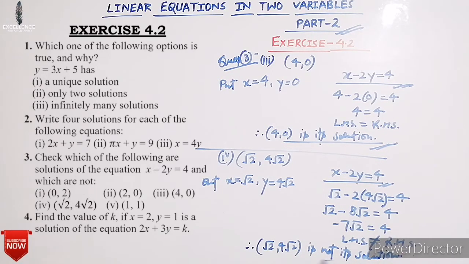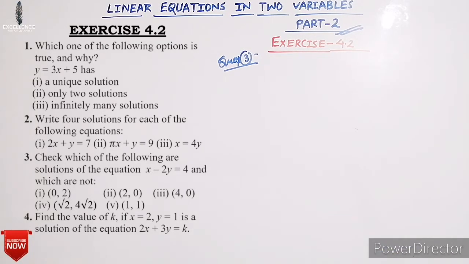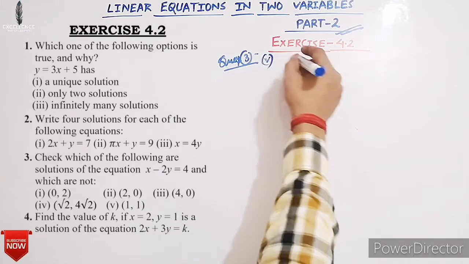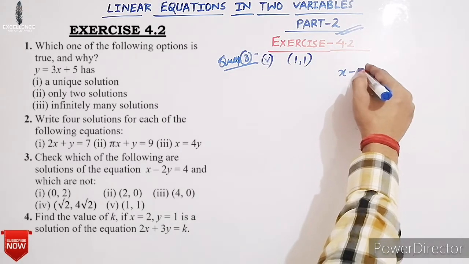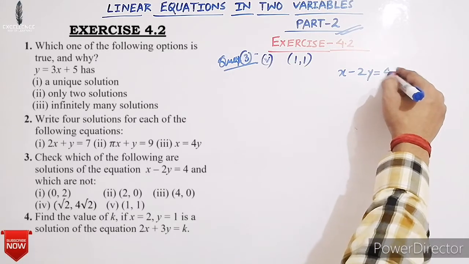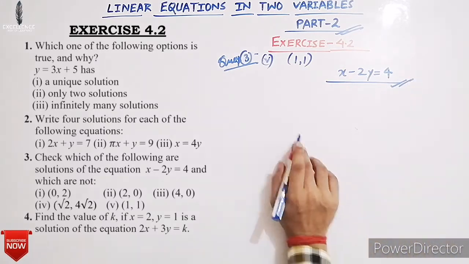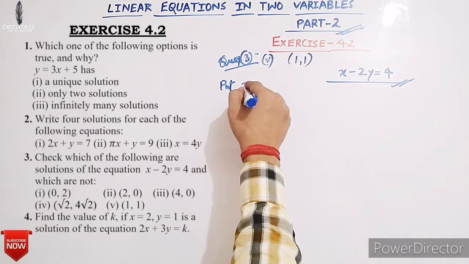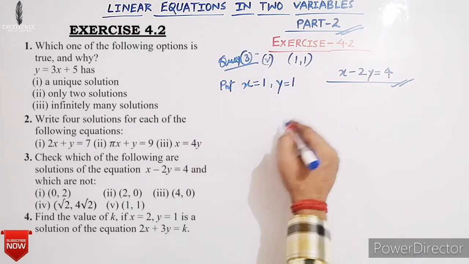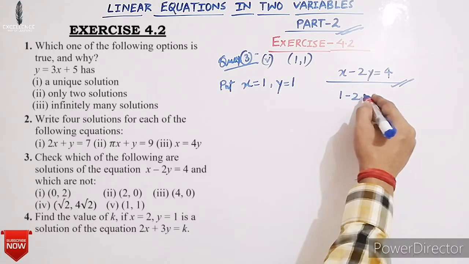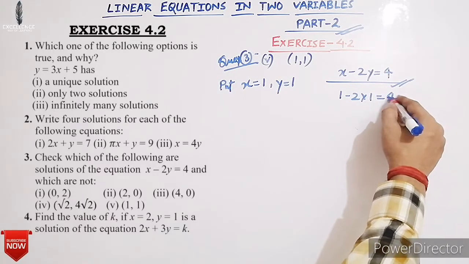Okay students, I hope it is clear to you. Now next, (1, 1). Our equation is x minus 2y equals 4. Now put x equals 1 and y equals 1 in this equation. So we have 1 minus 2 into 1 equals 4.